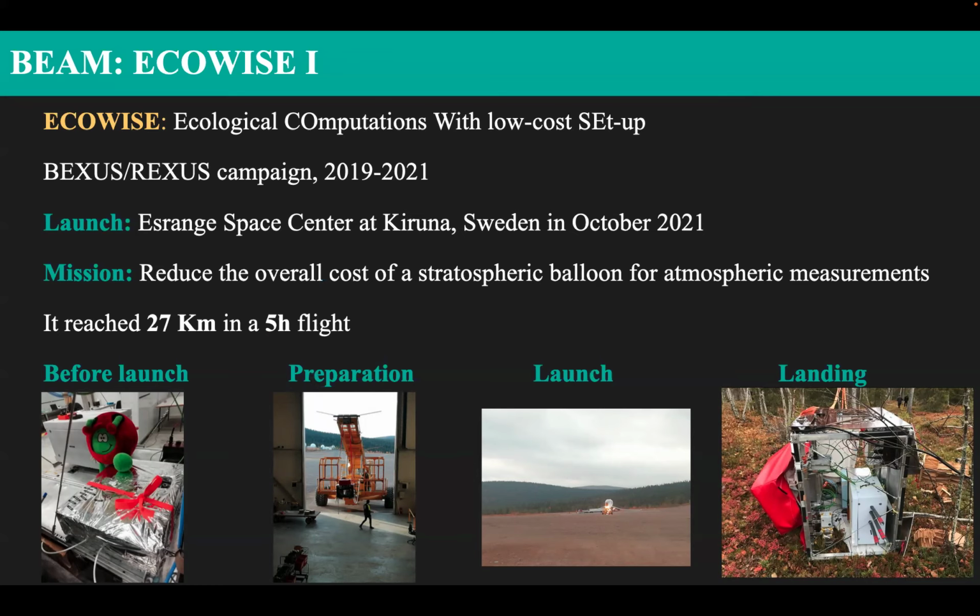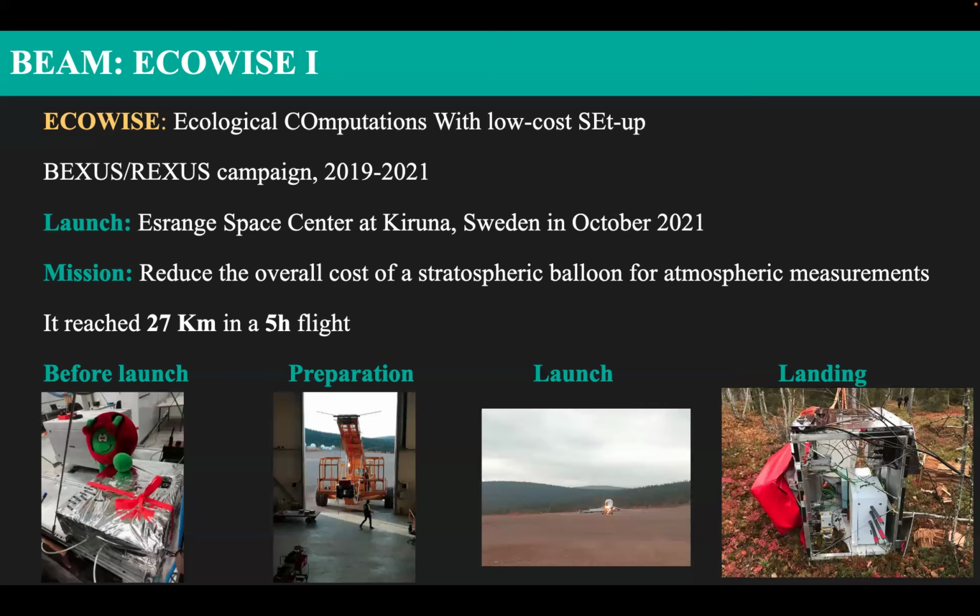EcoGuys was an experiment that did some atmospheric measurements, and apparently, if someone wants to do atmospheric measurements in the stratosphere, must buy very expensive sensors, for example, to measure CO2, ozone, and these sensors can cost up to thousands of euros because they have to operate in very hard environments. So if you add at this cost the overall cost of the mission, the balloon, the helium that you need to fill the balloon, everything, the cost reaches thousands of euros.